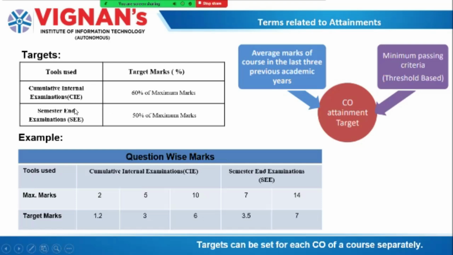Similarly, for 5 you have 3, and for 2 you have 1.2. Coming to semester end examinations, it is 50% of the maximum marks. That means for 14 we have 7 marks, and for 7 we have 3.5 as the target marks.